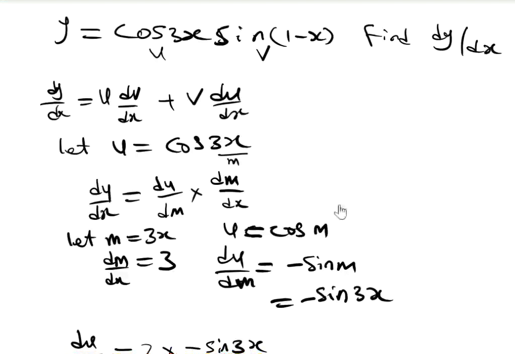At this point, we know du/dx, we know what v stands for and u stands for. So it's left for us to find dv/dx. And remember, we assumed v to be sine(1 minus x).